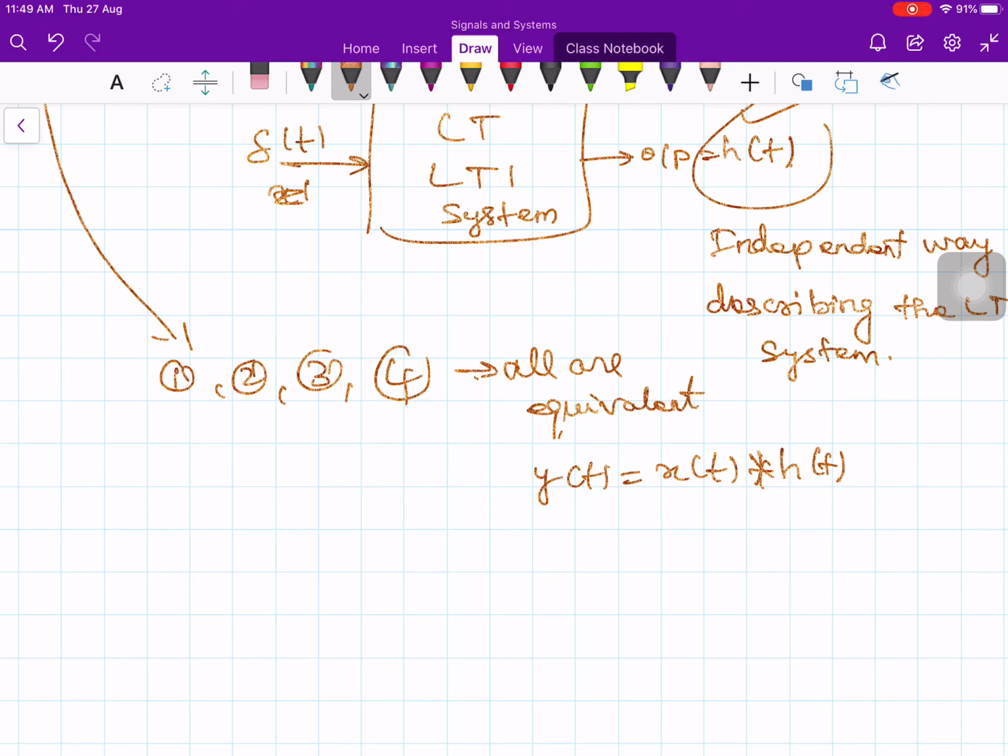And in fact there is a strong relation between h of t and h of s that we will discuss. If you know h of s, we will be able to analyze or find the response for any given excitation. So y of t is equal to h of s times x of t. That means once you know h of s, you can find y of t for any given x of t.